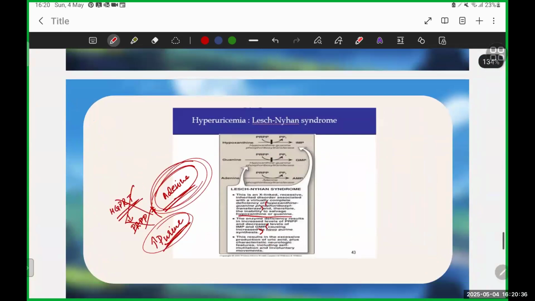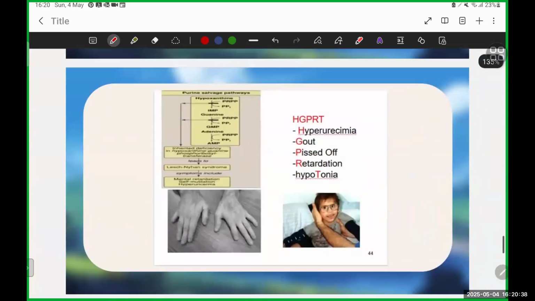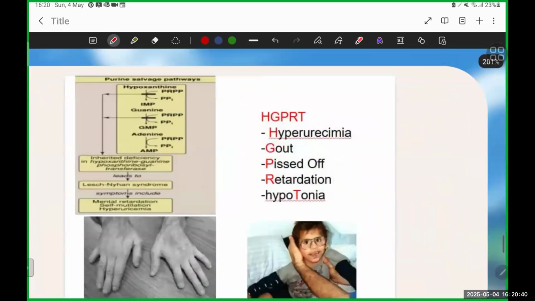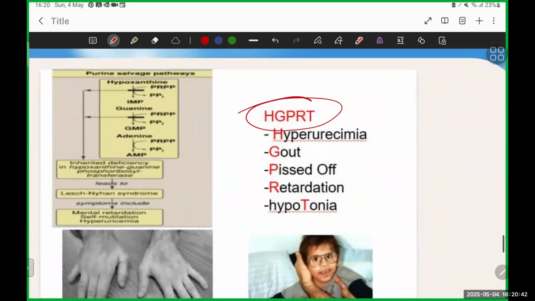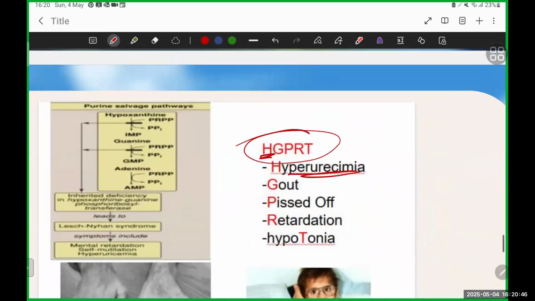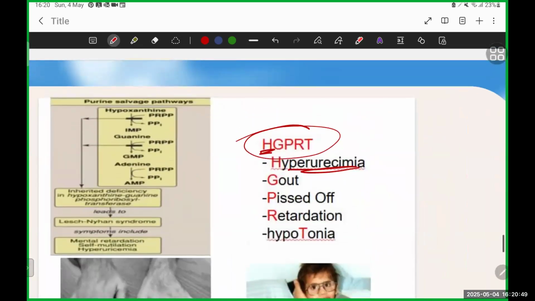So I think it makes more sense here. This is pretty cool. You just have the mnemonic from the enzyme itself. So H, hyperuricemia, because more purine synthesis would mean that you have more degradation. More degradation would mean you have hyperuricemia.